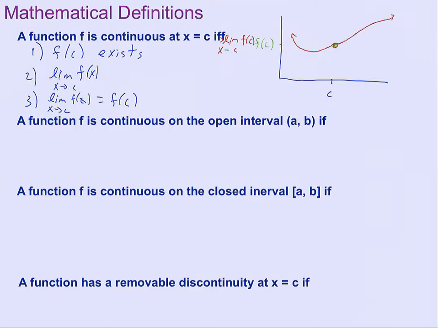The next definition is continuity on an interval. A function f is continuous on the open interval from a to b as long as f is continuous at every x equals c where c is between a and b.